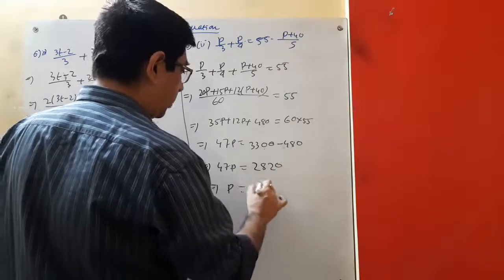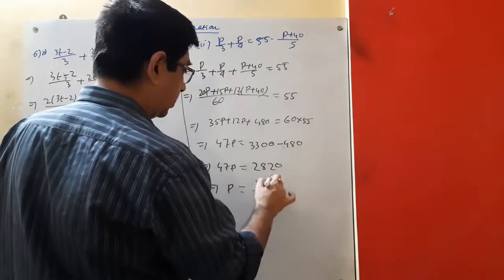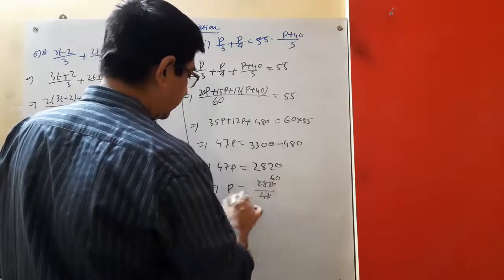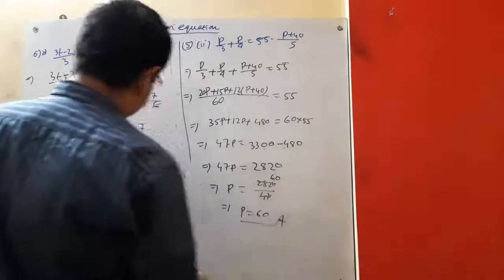So p equal to 2820 by 47, that is 60. So p equal to 60. This is the answer. Okay.